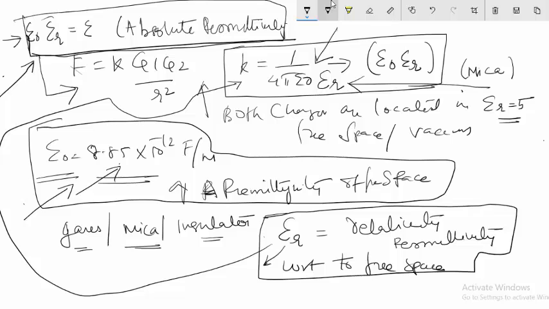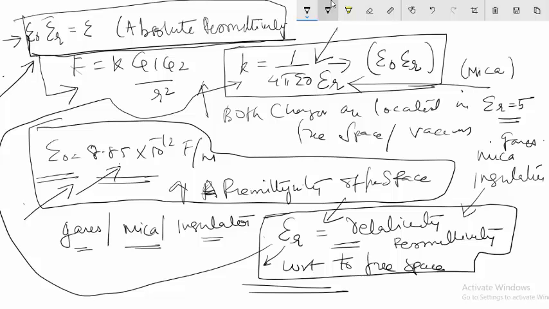When you are considering any medium which is not free space, like an insulator, a medium like mica or a gaseous medium, through which the electric field is passing, then you will consider the specific permittivity of that medium, which is known as the relative permittivity, when the permittivity is given with respect to the permittivity at vacuum.